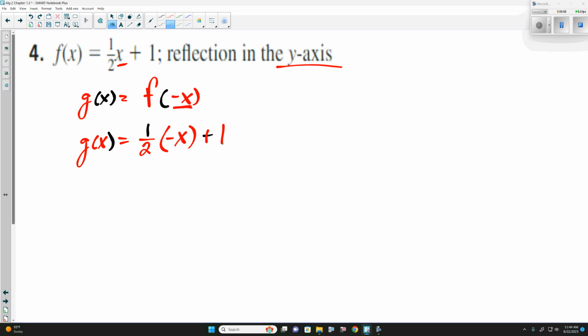Now, out of all the problems we've had so far, this is one of the few where we've actually had a number in front of the variable. So this one here, we have to multiply the two together. So what is 1/2 times negative x?